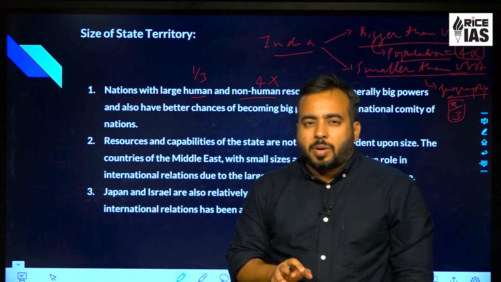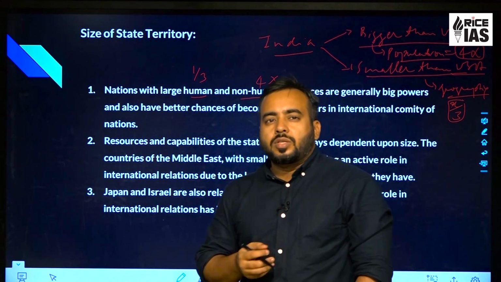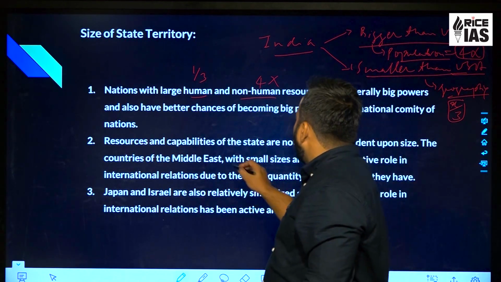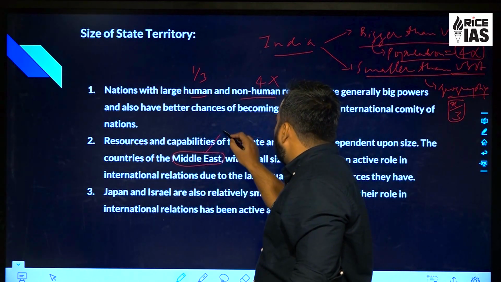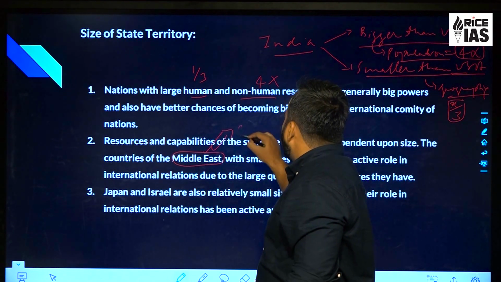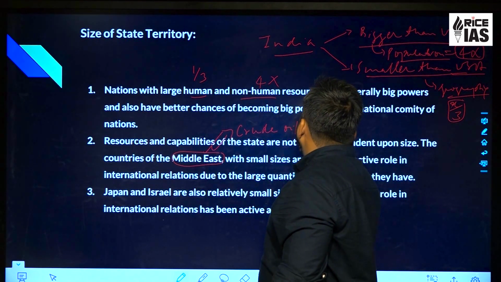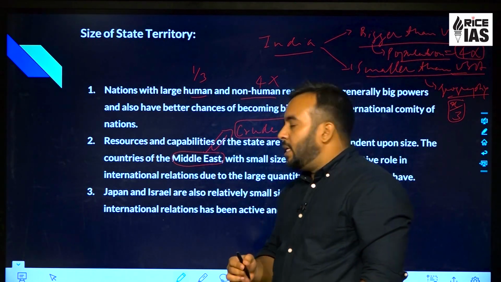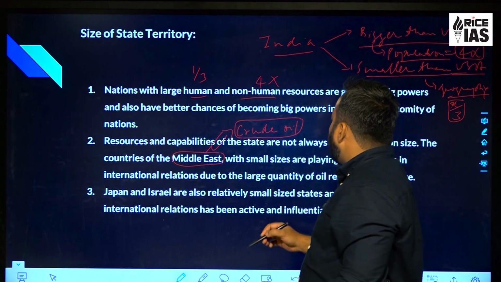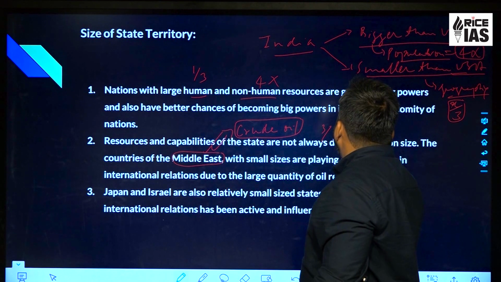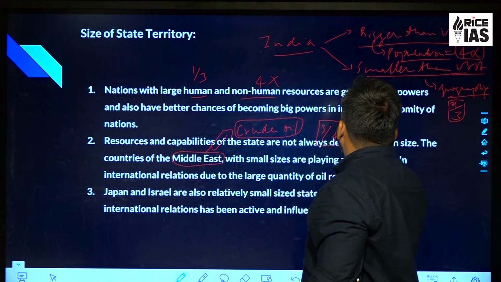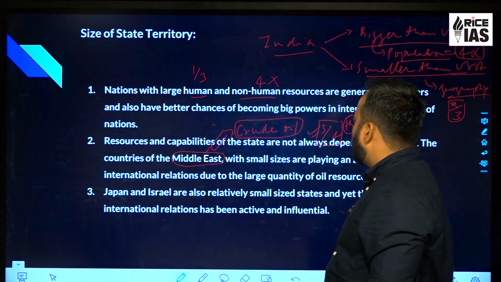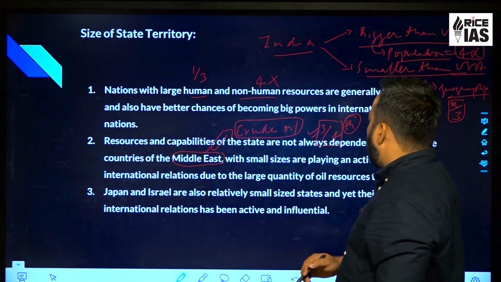And it's not just about geography. Geography includes the resource base also. So an example of resource base would be the Middle East. Some of the Middle Eastern countries are very, very small, but they supply India with essential crude oil, because Indian production of crude oil is very, very meager, and more than 3/4 of the Indian requirement of crude oil is imported, and the Middle East has been one of the important sources despite being very, very small.